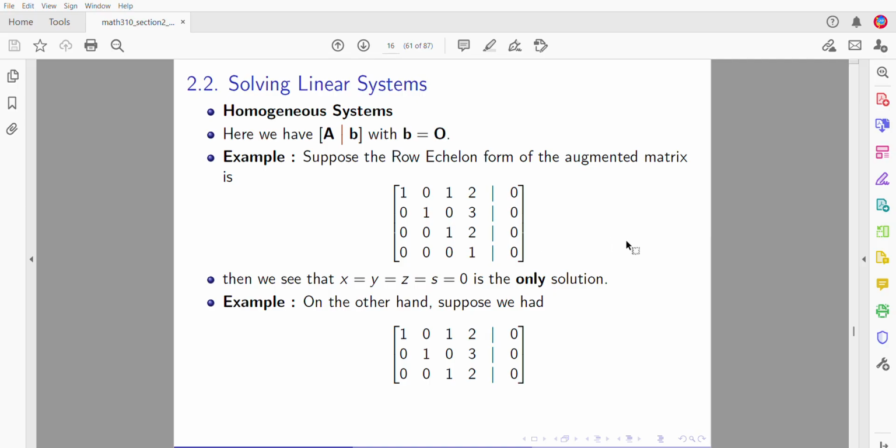Now here is another example, a homogeneous system. That is also row echelon because this is not 0. What happens here?